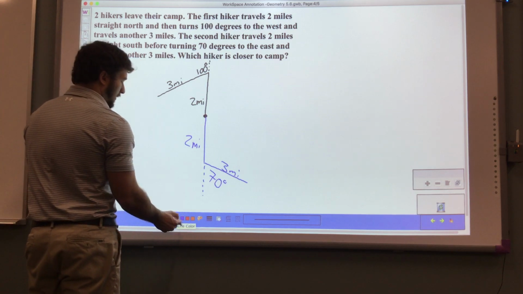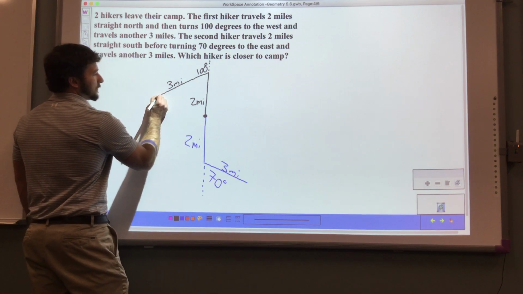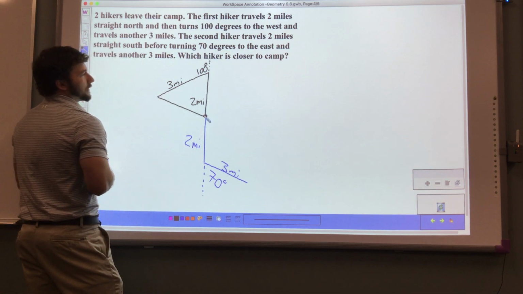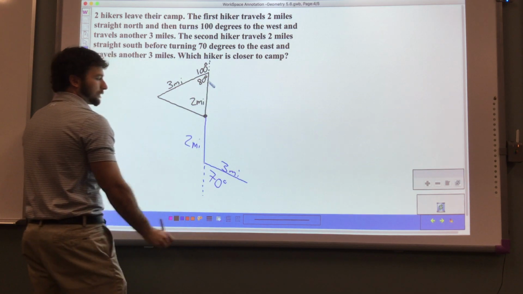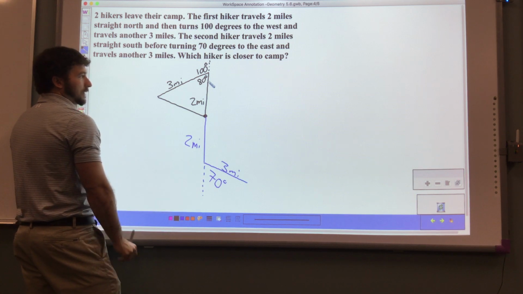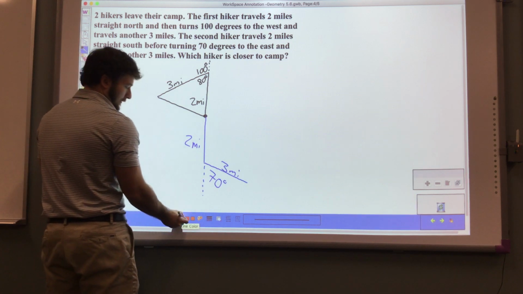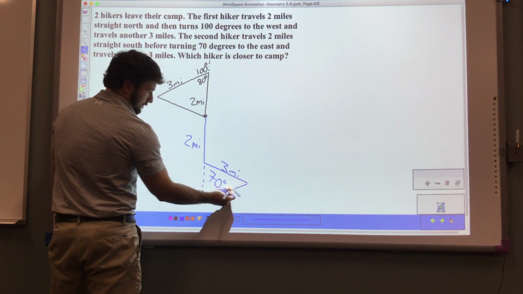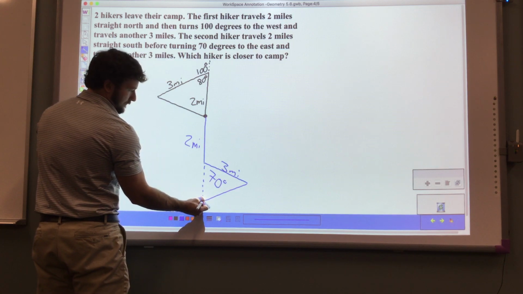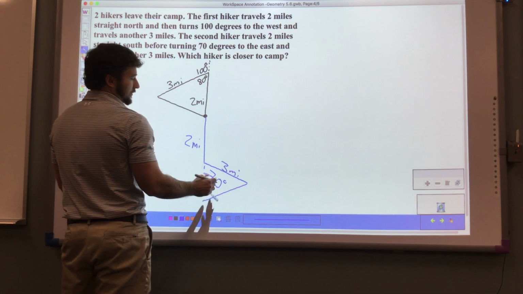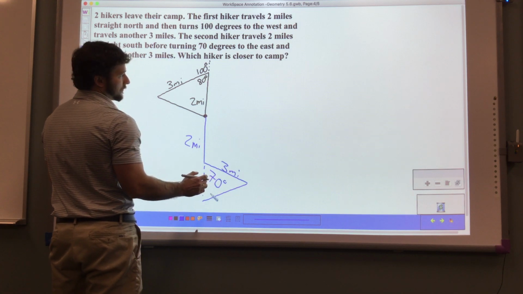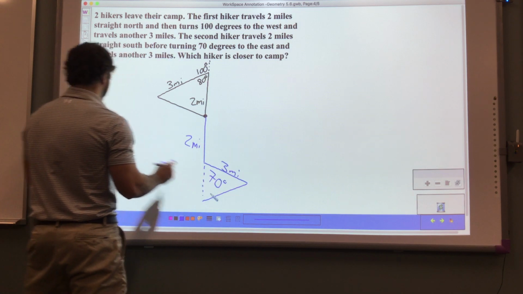Now, if we use our Hinge theorem, we make these into triangles, so there's a triangle there. This would be 80 degrees, because we have a linear pair. Then if we go down here and connect them, make a triangle there. Oops, I might be doing this wrong. I made the triangle the wrong way.